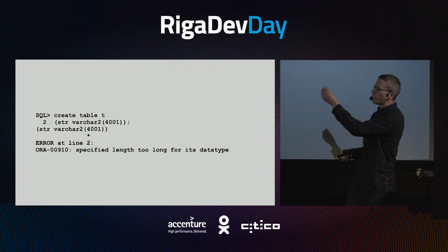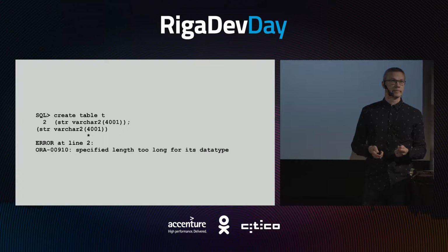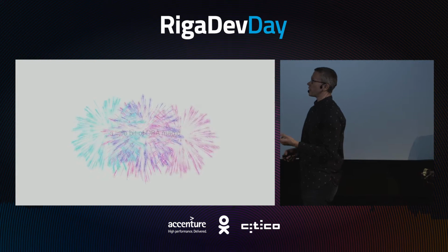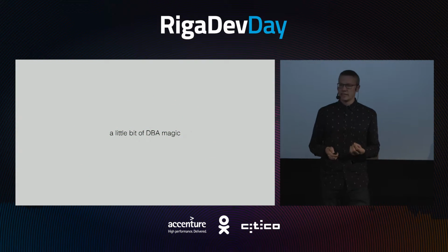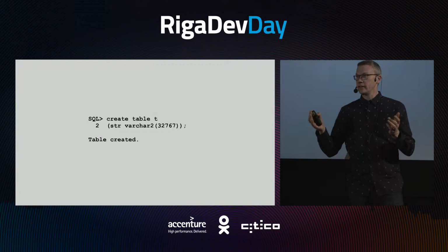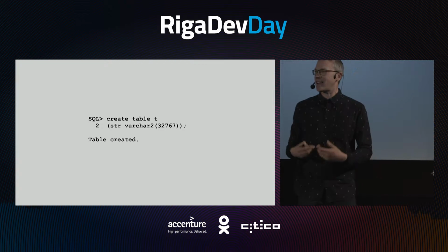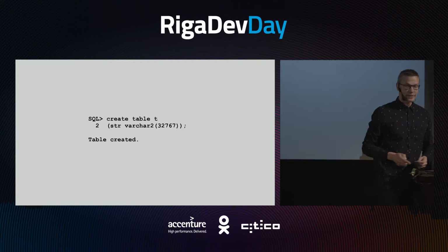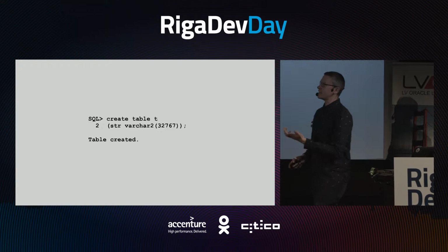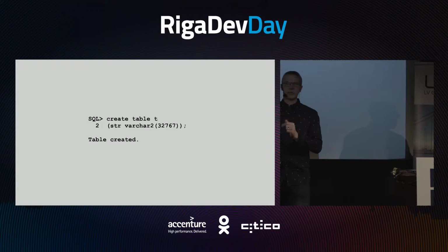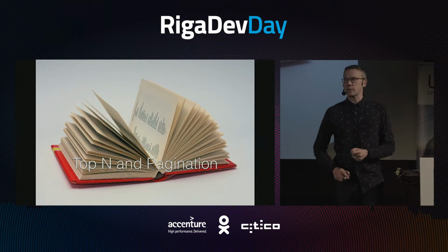Even if you would just go to 4001, they wouldn't allow you. But now, with just a little bit of DBA magic, you can create a table with 32k columns in there. Yeah, there you go. I thought it was impressive. I thought it was very cool. So that was just the first feature I really liked. You don't impress easily, so let's go up to the next one.